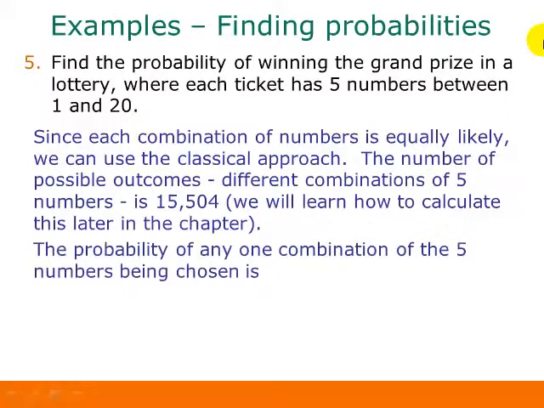The probability of any one combination of the 5 numbers being chosen is 1 out of 15,504. So out of all those different combinations, if we're going to choose 1 out of all of those, then the probability of choosing that one is just 1 divided by our total number of possibilities.